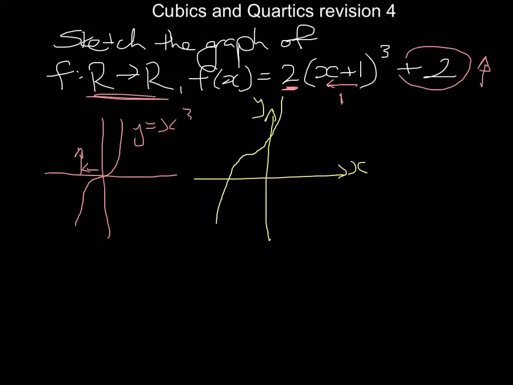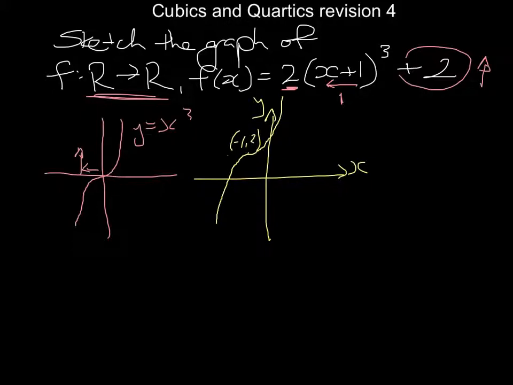So we know that this point here is at -1 and 2. Oh, looks like I wrote -1, 1. Do that again. -1 and 2. It's better.